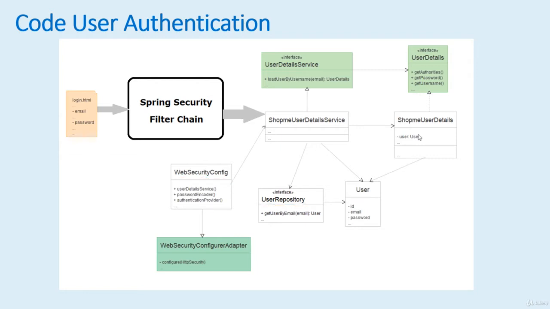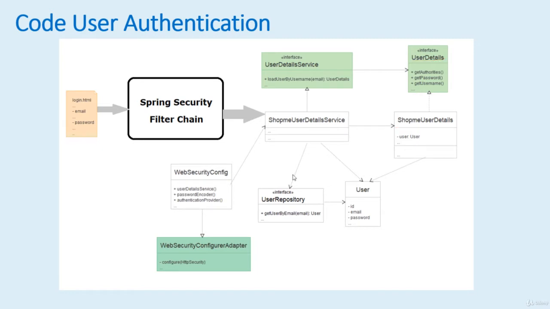And next, we need to create a new class that implements the UserDetails interface defined by Spring Security. And this class wraps an instance of the User object here. Upon successful authentication, Spring Security will return an instance of this ShopmeUserDetails class representing the currently logged in user.